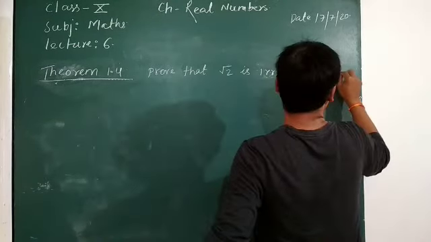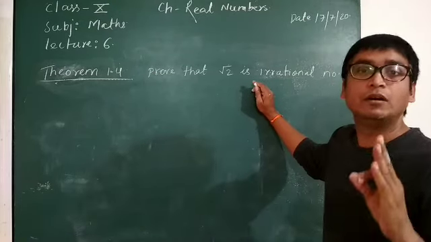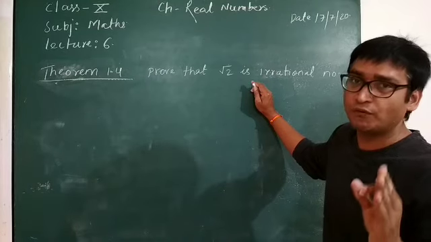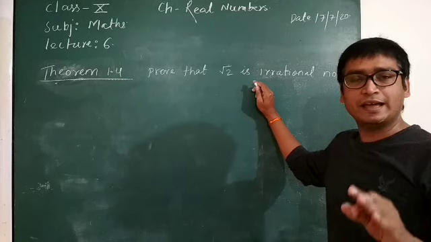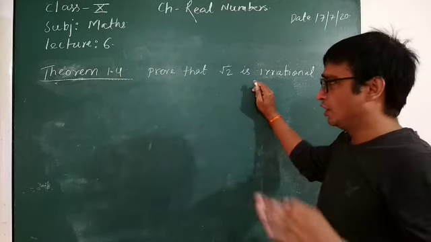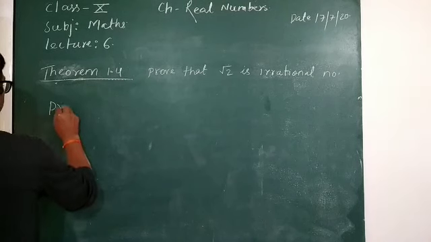Before we start this, we have to assume this root 2 as a contrary, that it is a rational number. So let's start the solution or proof.